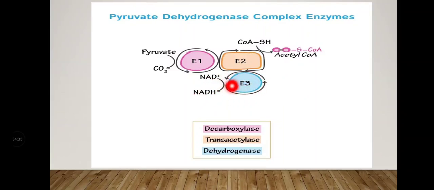Then you also have E3, which converts NAD plus to NADH. The names of these enzymes: E1 is a decarboxylase, E2 is a transacetylase, and E3 is a dehydrogenase. All these require different factors for them to work.